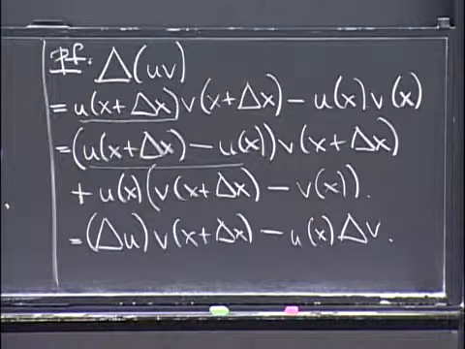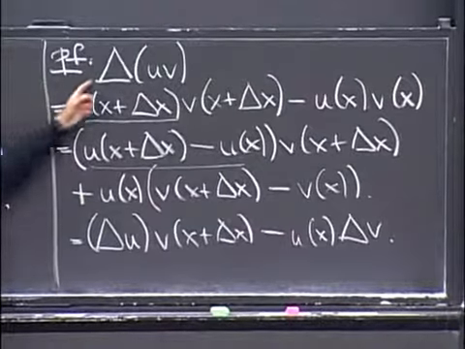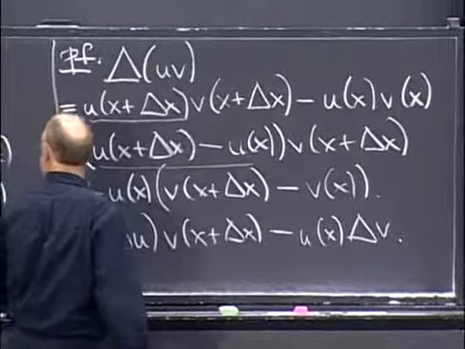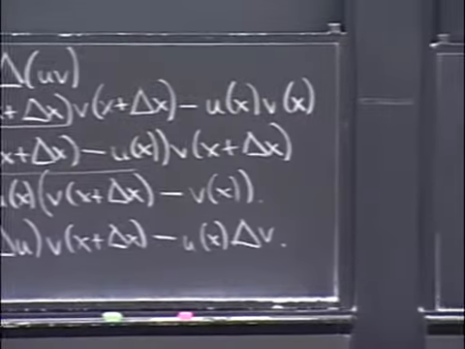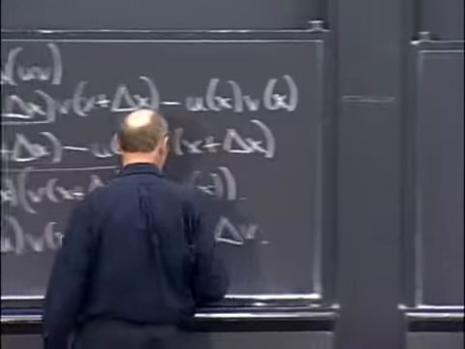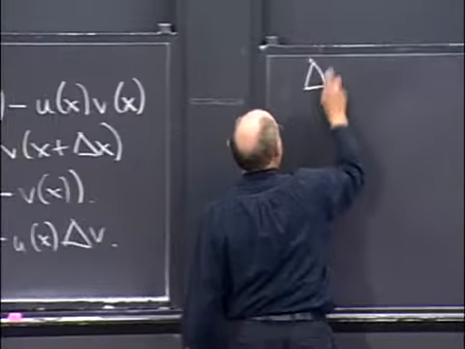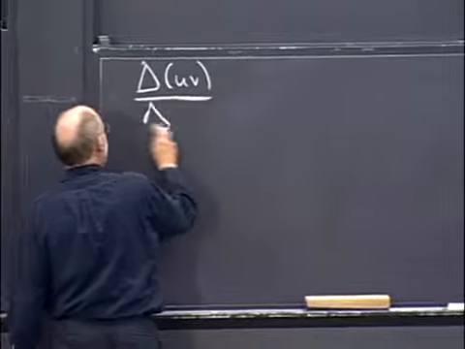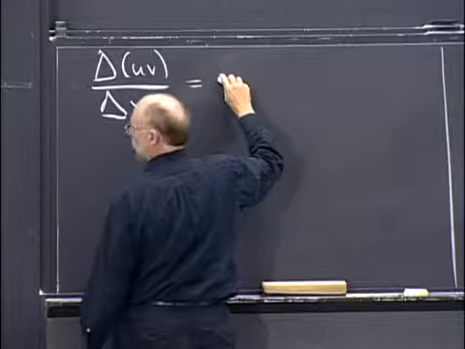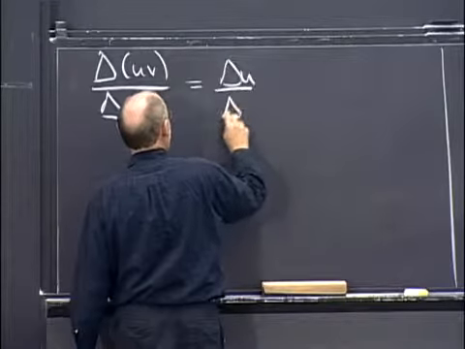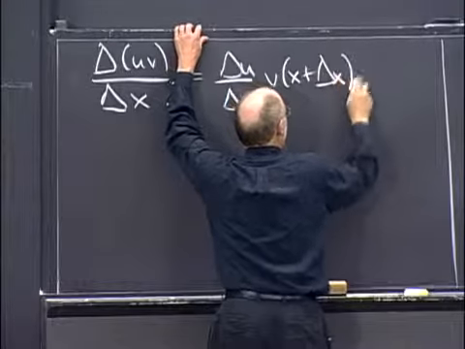Well, I'm almost there. The next step in computing the derivative: take the difference quotient, divide this by delta x. So delta of uv divided by delta x is, well, I'll say delta u divided by delta x times v of x plus delta x.